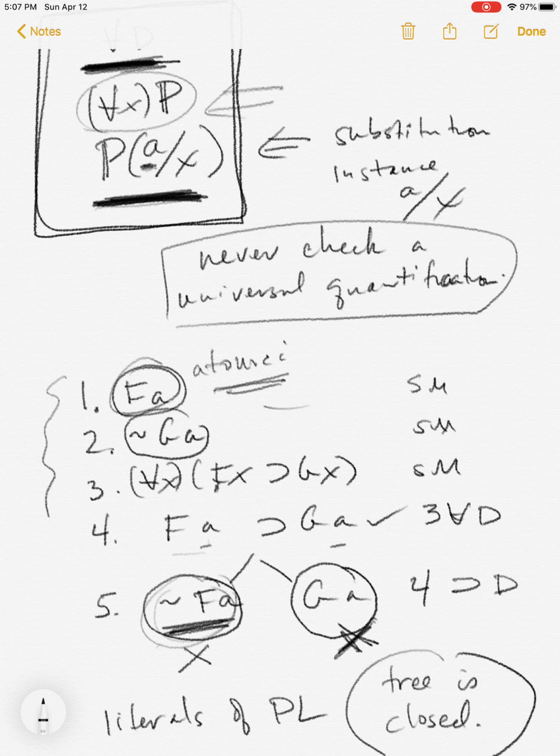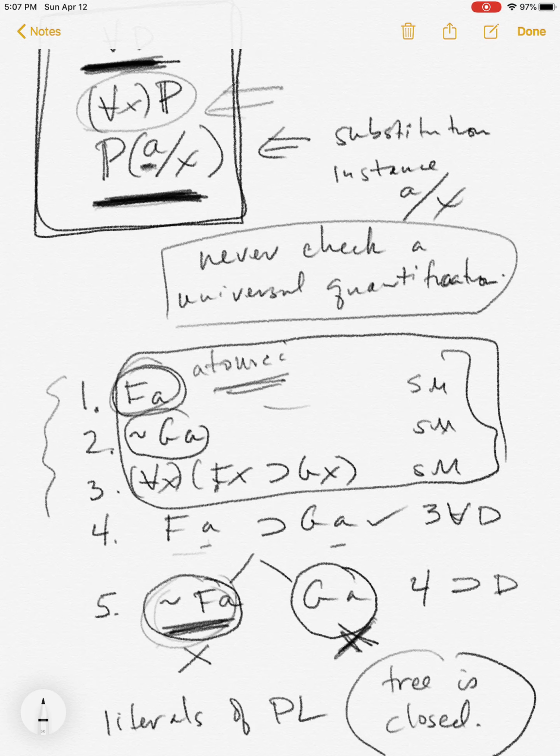And what we conclude from that is that there is no interpretation that makes these 3 sentences true. Because if there were such an interpretation, then this would have to happen, and that couldn't possibly be. Okay? I hope that's clear. We're going to do lots more examples, and it will become clearer as we proceed.